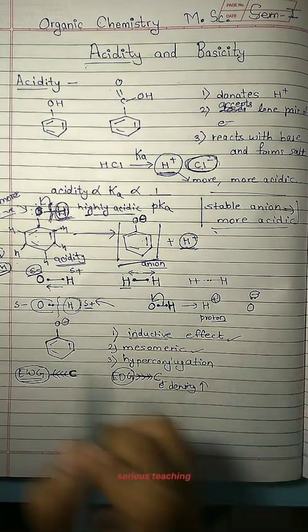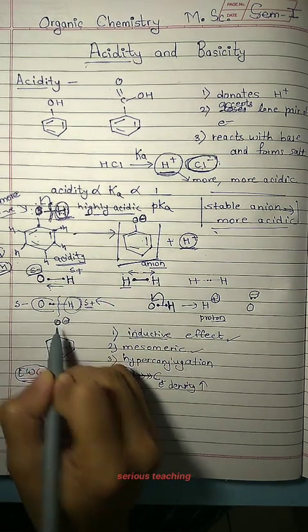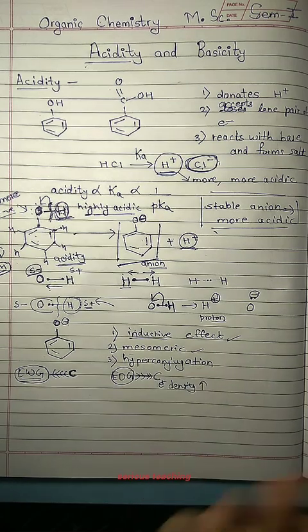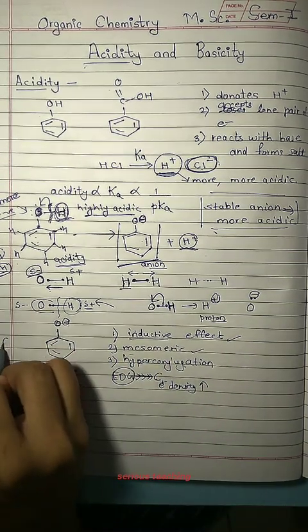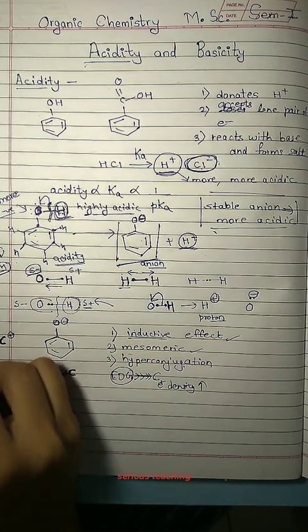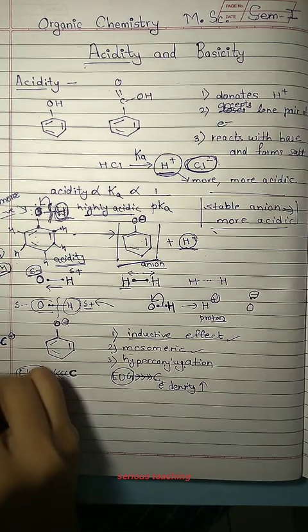What is mesomerism? Mesomerism means resonance. If electrons are removed from a center, or electrons are given to that center via resonance, it is called mesomerism. And hyperconjugation means, suppose this is a carbon center with a positive or negative charge, and on the alpha carbon there are hydrogens.